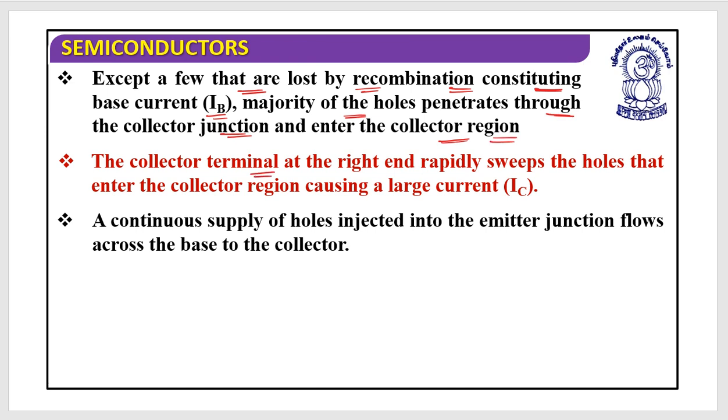The collector terminal at the right end rapidly sweeps the holes that enter the collector region, causing a very large amount of current. That is what we call IC. So a continuous supply of holes injected into the emitter junction flows across the base to the collector.